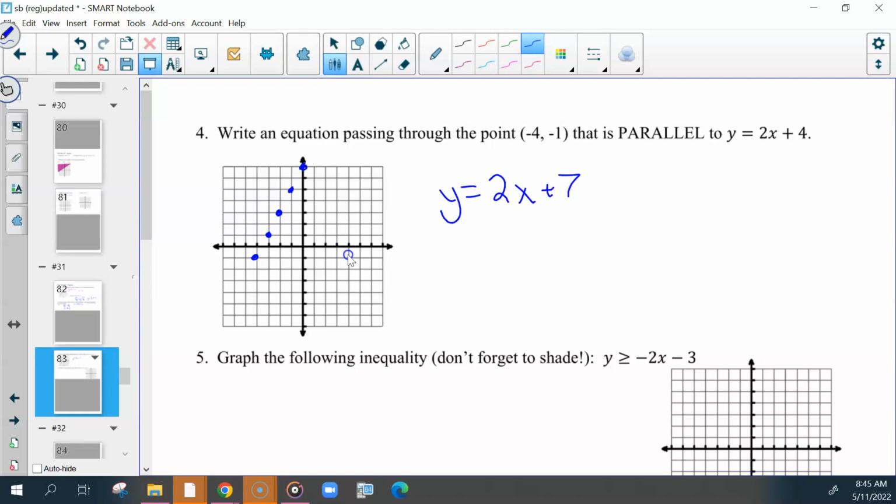These lines are parallel, they have the same slope, but different y-intercepts. Questions on that one? Like draw it?